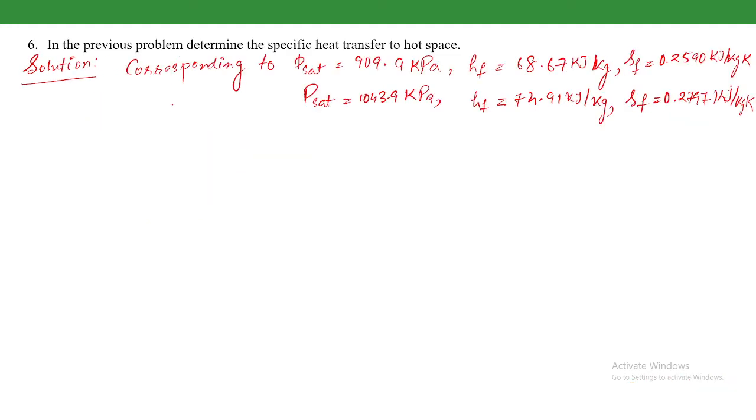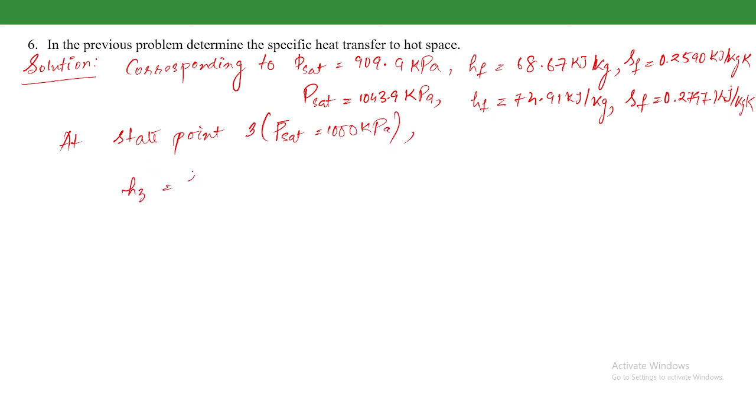Okay, so at state point 3, where P saturation is actually 1000 kPa, we can find it by interpolation.